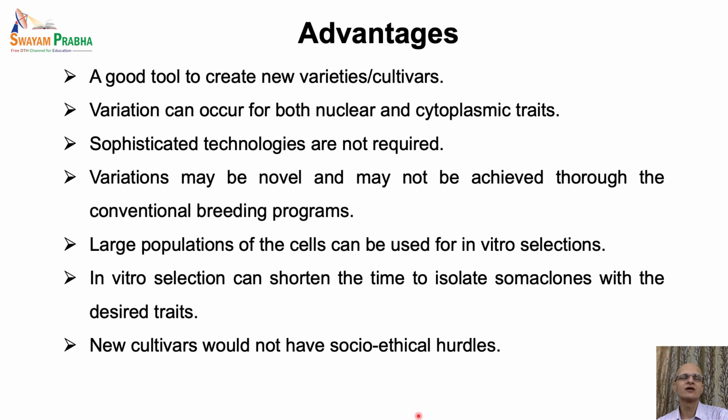So overall, these somaclonal variations can be very useful and can be used to improve existing traits, or even to introduce novel traits that did not exist earlier in the plant species.